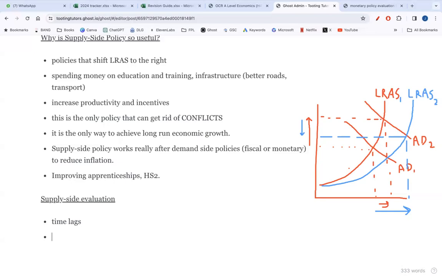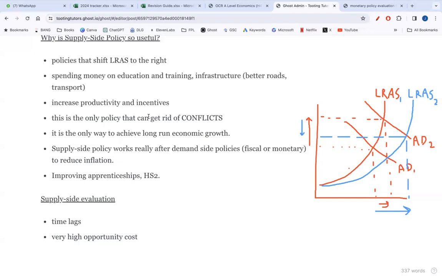The second thing is very, very high opportunity cost. And that also leads to budget deficit and national debt. All of these involve spending on education and training, spending on HS2, on trains, on infrastructure.